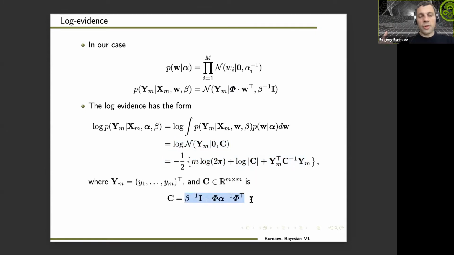So again, the difference between what we observed yesterday is only in this additional diagonal matrix here. This is the only difference. And this is the log likelihood of the Gaussian distribution.